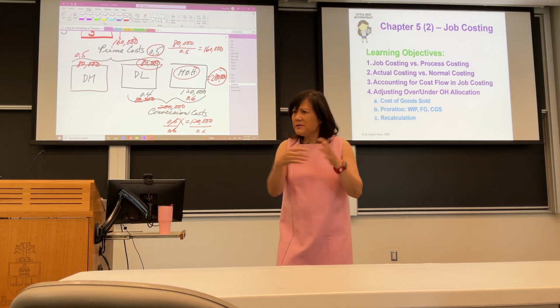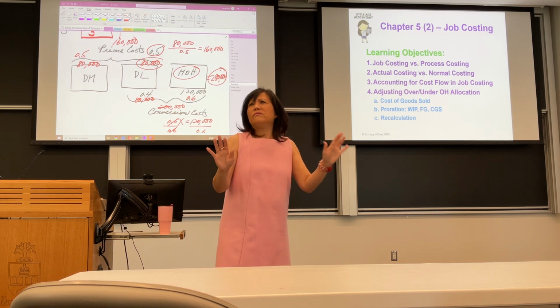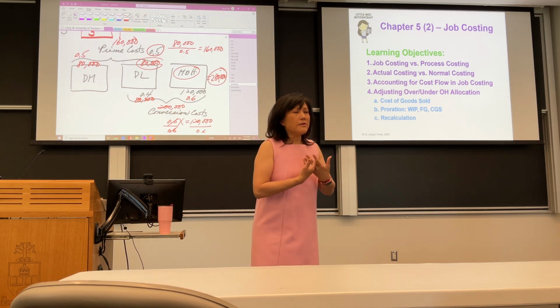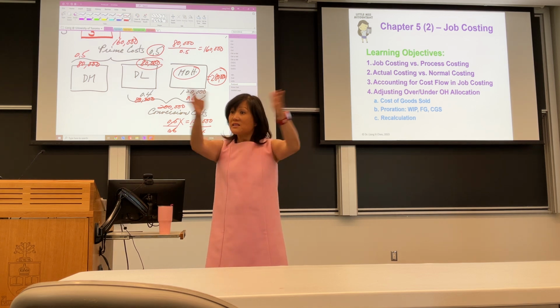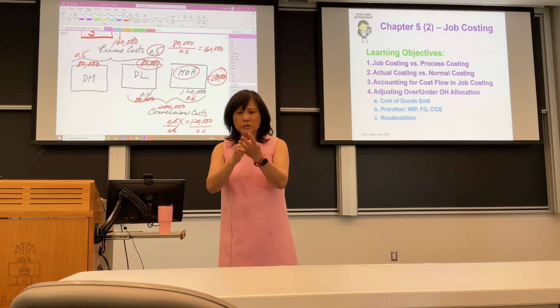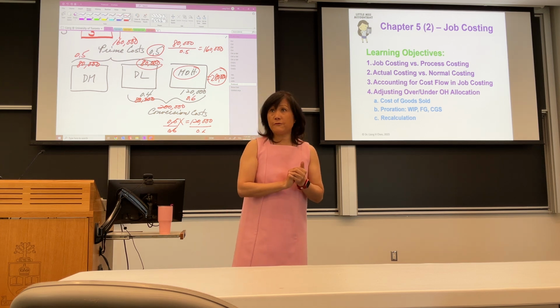Maybe your parents are rich, you want the best for everything. Me, average is good enough. Okay? So now the labor will be different hours. Depends on the size. The bigger, the more labor hours used. Material will be different. Also, overhead will be different.